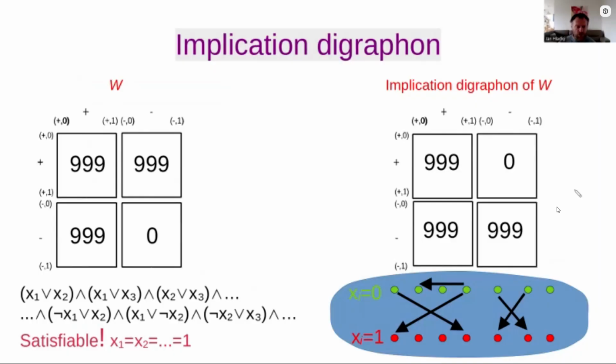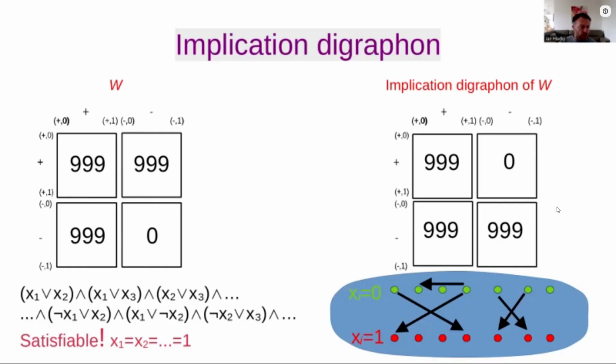Okay, to illustrate this concept of contradictory components, I want to consider a specific digraphon or graphon, the graphon on the left-hand side. Three parts of it are constant 999, and only the part describing the densities of clauses with two negated variables of various types is constant 0. So such clauses will not be included.